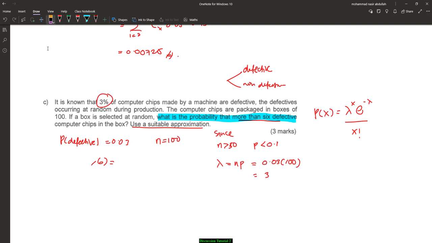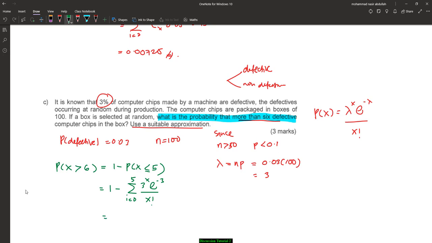So more than 6 is probability of x more than 6. Just now I wrote more than or equal to, but this is more than 6. So if you want to use the calculator, you need to use 1 minus probability of x less than or equal to 5, which is 1 minus summation from x equal to 0 until 5 of 3 power of x, exponential negative 3, divided by x factorial.